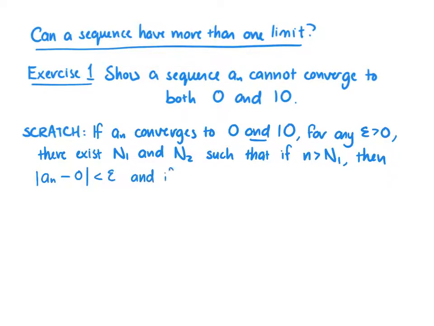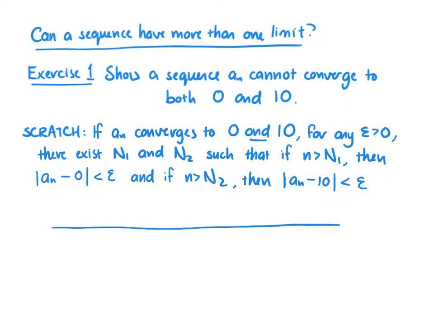And if n is greater than N2, then AN is within epsilon of 10. All right. So I'm aiming for a contradiction here. I assumed that AN converged to both 0 and 10, but we're trying to show that this can't happen. So I want something along the lines of this diagram here.